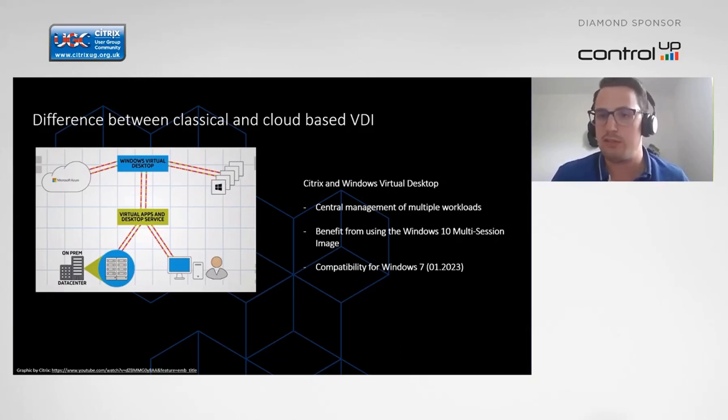You benefit as well from running the Windows 10 multi-session image, currently available in version 2004 with MSIX app attach support. And this has also the benefit, like I said before, of centrally managing the workloads in the cloud and extending the compatibility for older workloads or older applications that need to run on Windows 7.